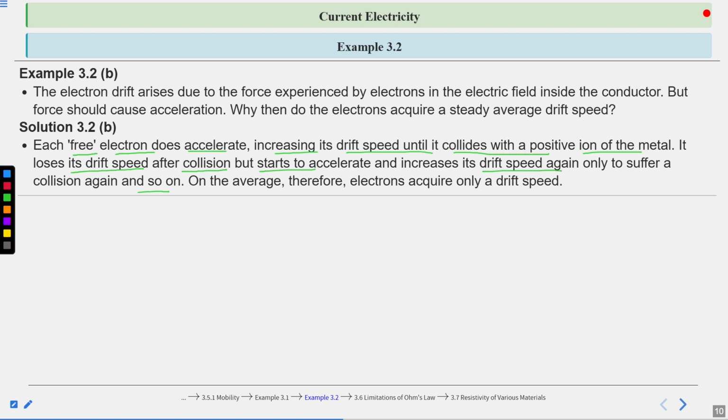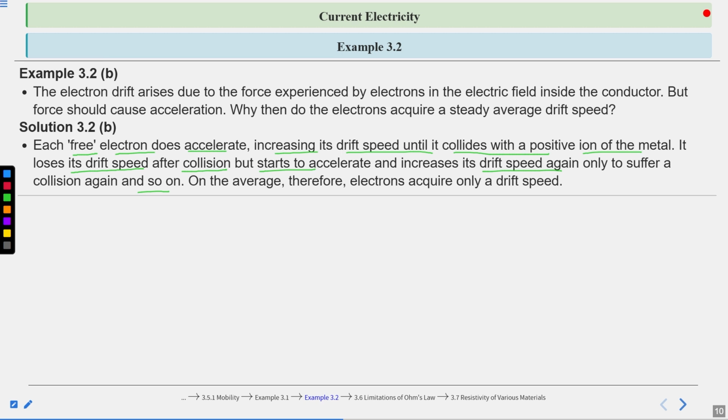So it will collide at one metal ion, then again acquire some drift speed, and then another collision happens and it loses its drift velocity. After that it will again accelerate, attain some drift velocity and collide, and this process will go on.